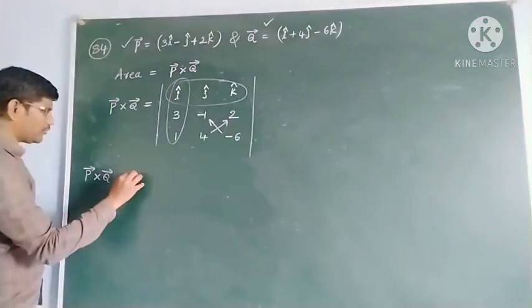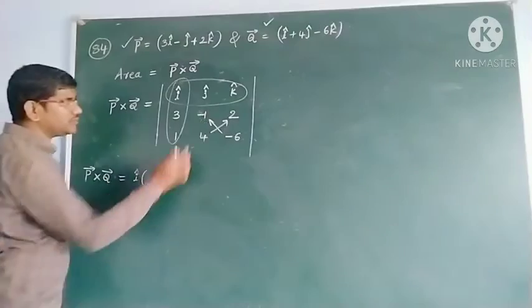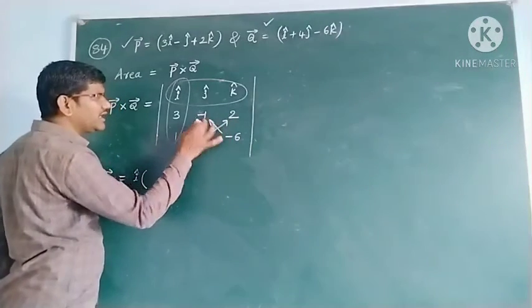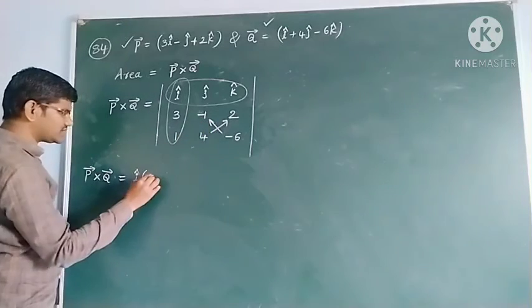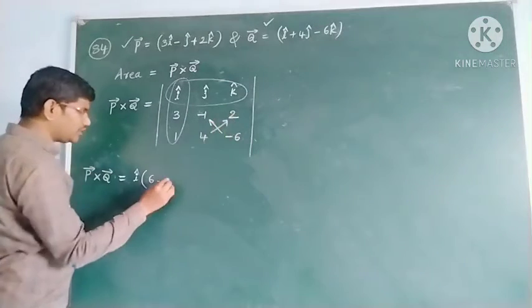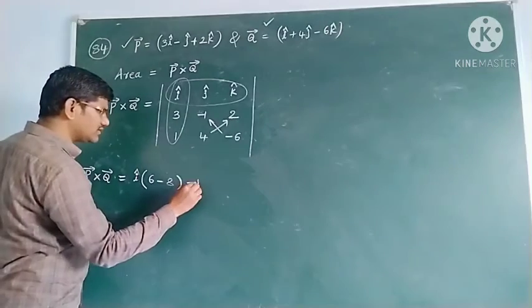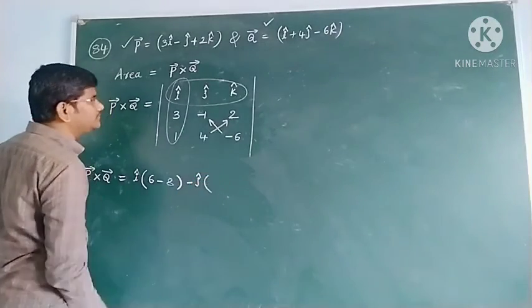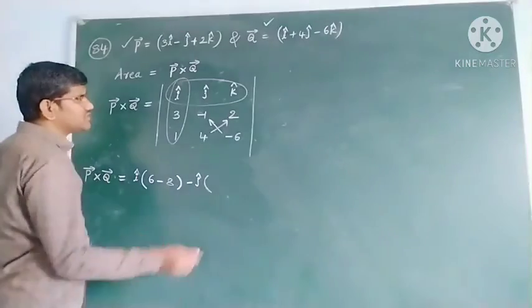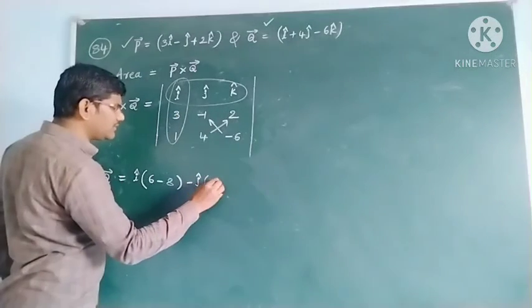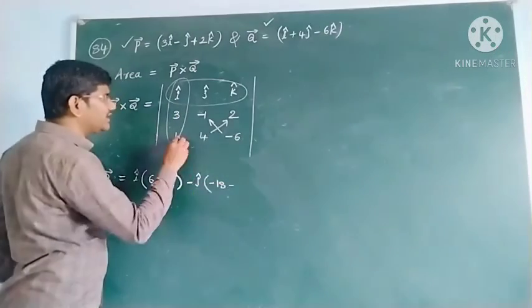So i cap coefficient is equal to ad minus bc. Then 6 minus 4 into 2, 8. So minus j cap into product of these two, minus 18 and minus 2.